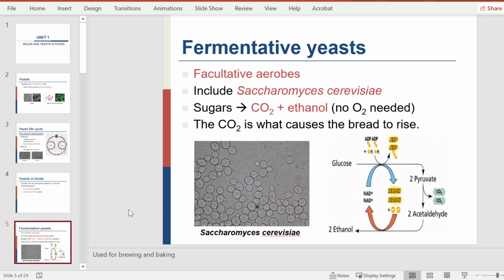So this is very important for creating alcoholic beverages and then also with bread. So when making bread and the bread is rising, what causes it to rise is the CO2 being produced by this fermentative yeast, the baker's yeast, and then the ethanol will eventually evaporate once you are baking the bread, so you don't have an alcoholic bread.